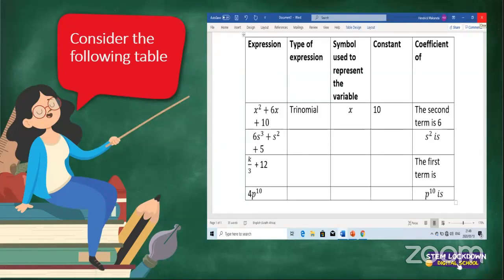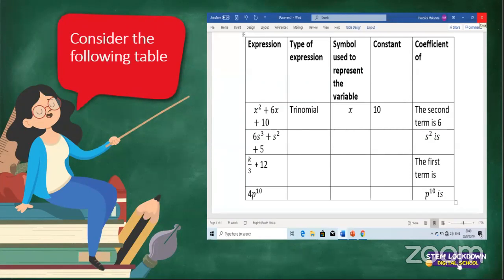Give me the coefficient of S squared. I think there's no coefficient, sir. Right? Thank you very much indeed.